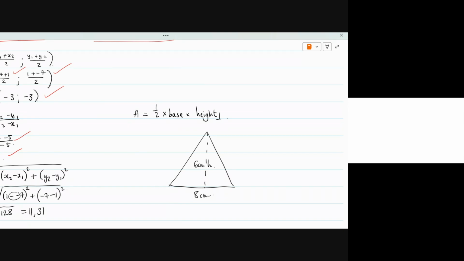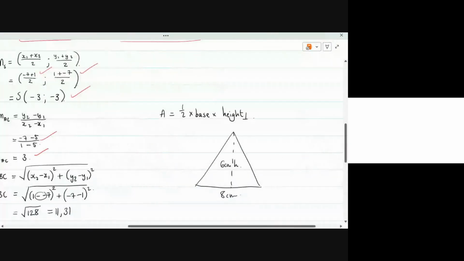Yes, Narisha? I see your hand. What's up, my darling? Ma'am, so for the formula, do we have the distance for the base already? Absolutely.